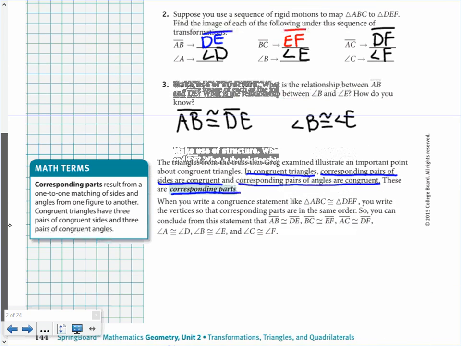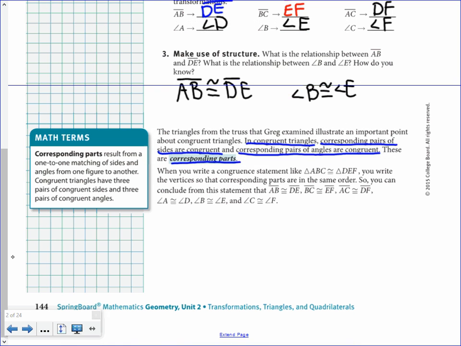So let's look at this congruent statement here. Triangle ABC is congruent to triangle DEF. So when you write statements like that, the corresponding parts have to be in the same order. They absolutely have to be in the same order. So if you look here, A comes first, D comes first, from the left side to the right side.